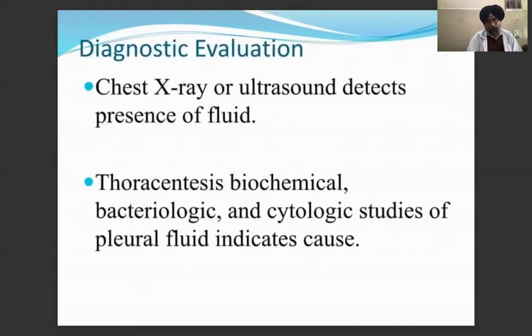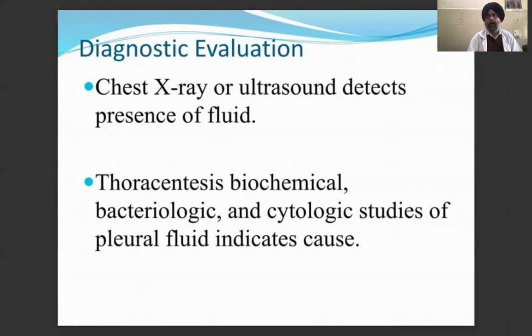Then diagnostics. For diagnostics, we get a chest X-ray or an ultrasound done. In the chest X-ray, we can get a PA view as well as the lateral view, and usually we can see a rising level. But classically, we get an ultrasound done. Why is ultrasound done? Because it's totally non-invasive. There is no exposure of the patient to the X-rays. Then we can mark the site.